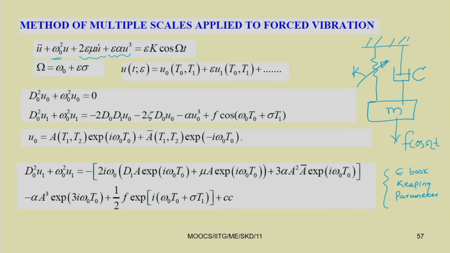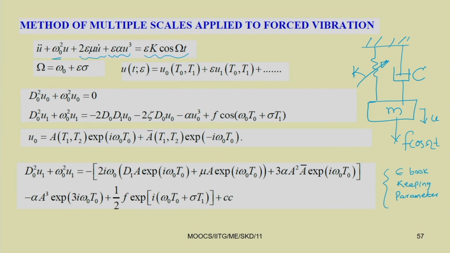Similarly, the forcing we assume to be one order less than the linear one. In our equation, u is the displacement of the mass, so u double dot is the acceleration term.